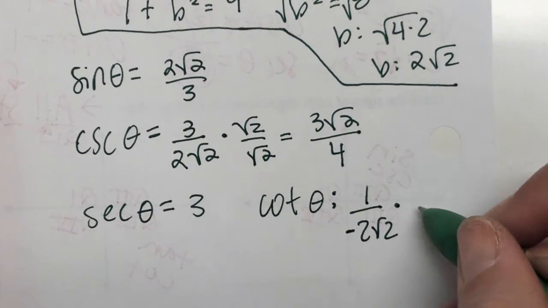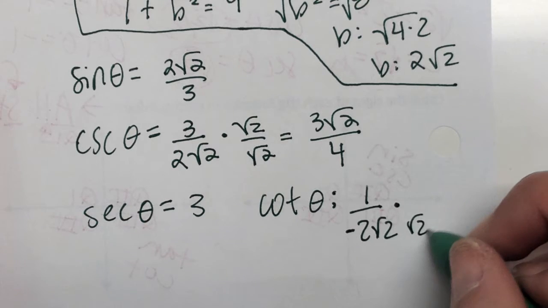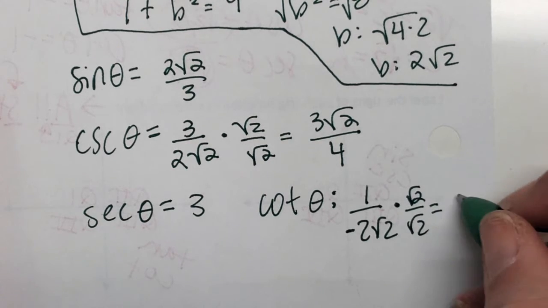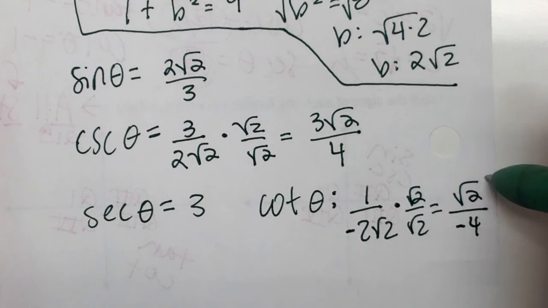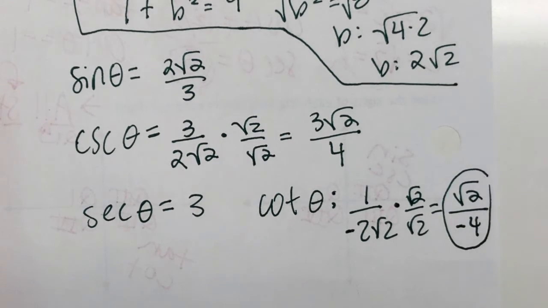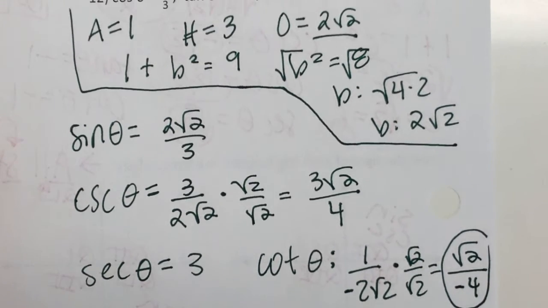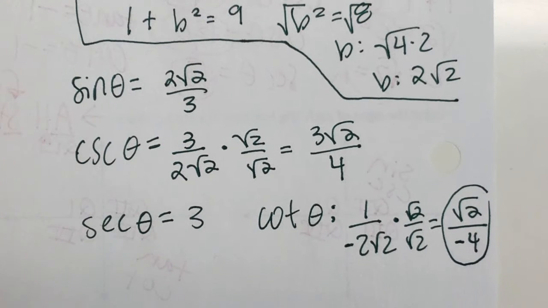What do we need to multiply by? Very good. Square root of 2. So on top we would have what? On bottom? Try again. Negative 4. Very good. Alright, now let's go back and check our signs. Because this time they don't give us the quadrant. I'll let you copy that down first.